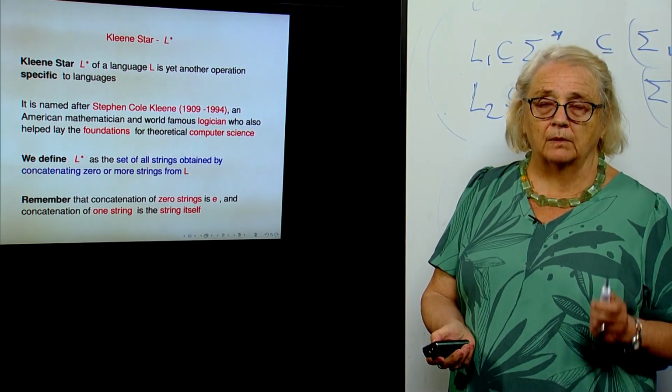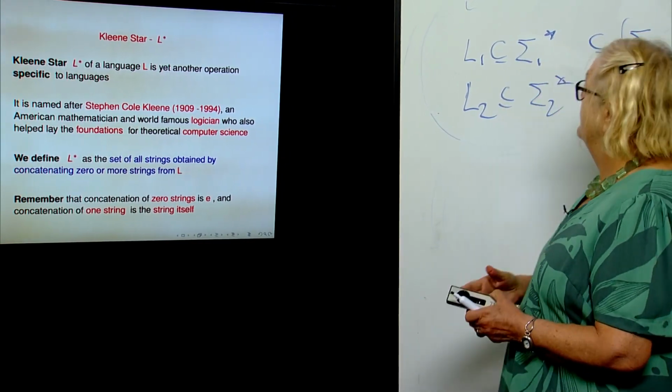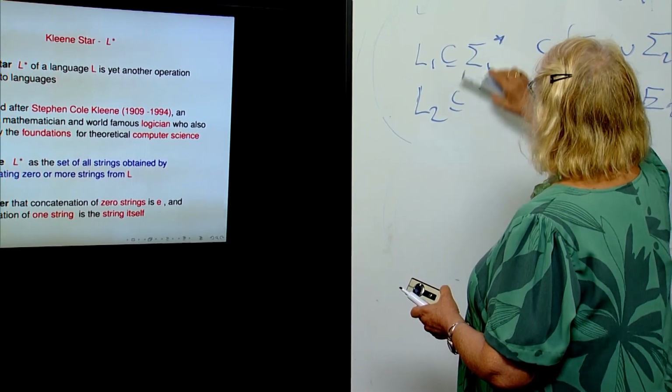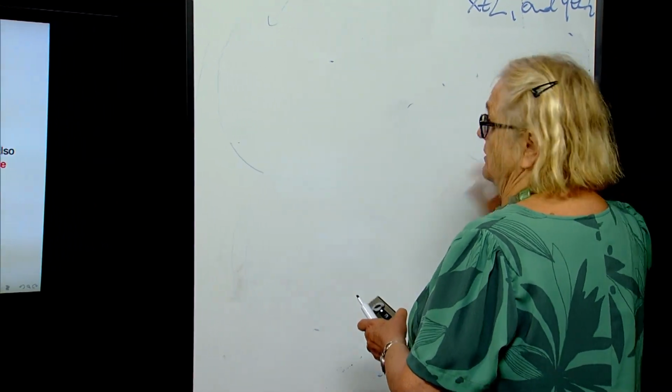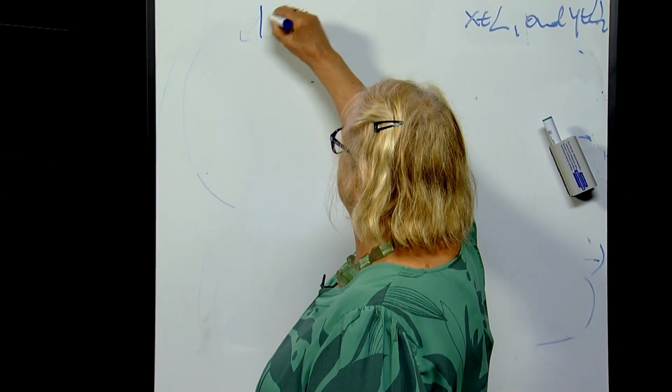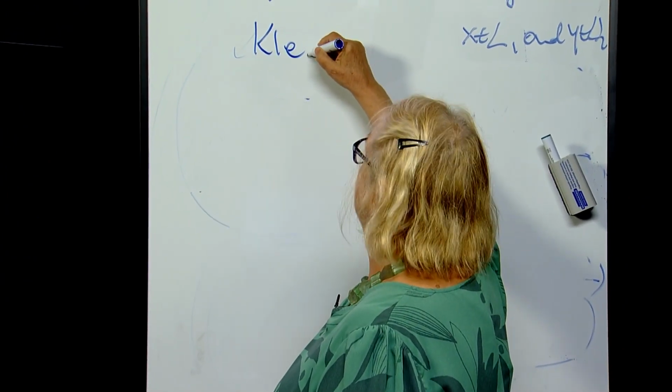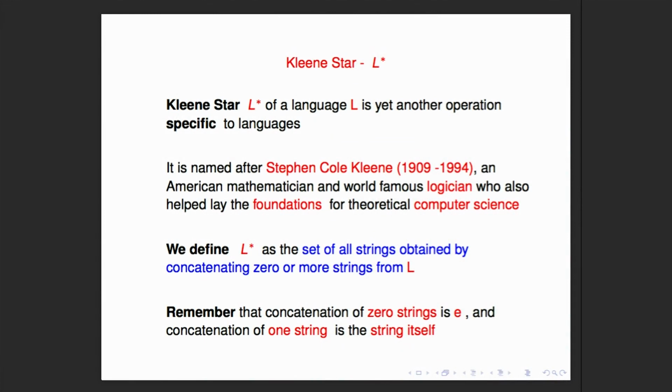The next operation on languages, after concatenation of languages, is called Kleene Star, which is L star.